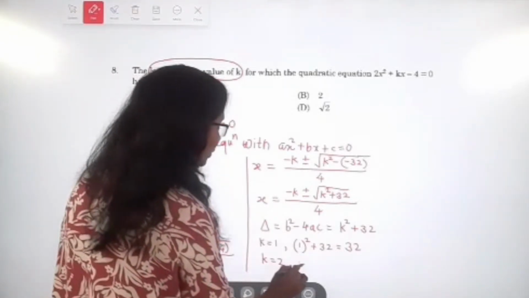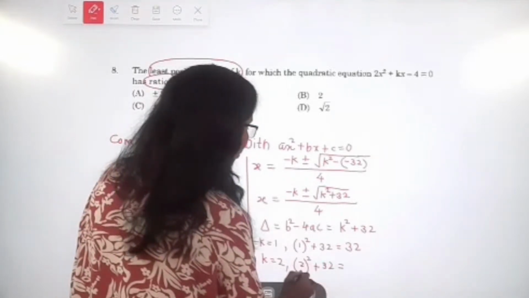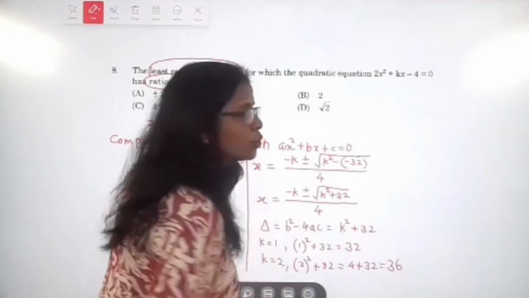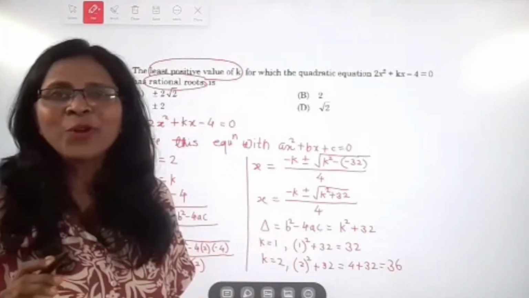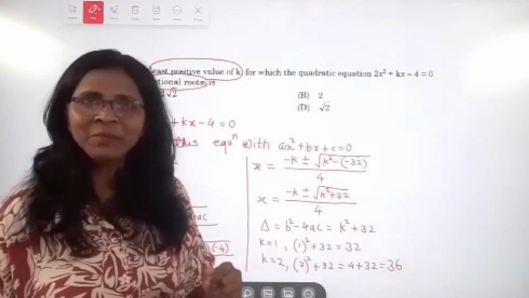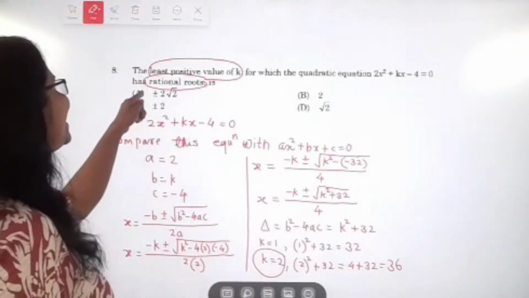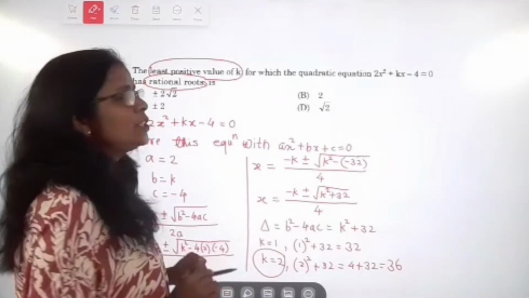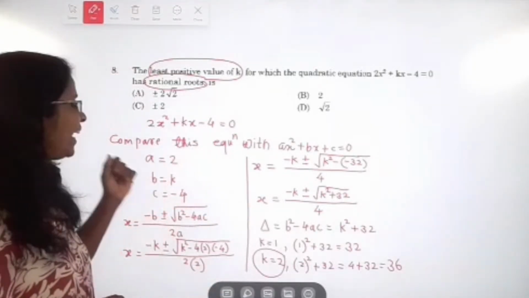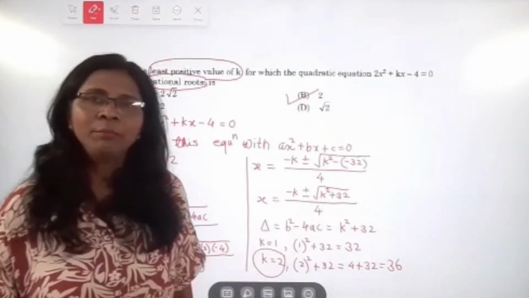If k is equal to 2, square of 2 plus 32 is 4 plus 32, that is 36. The square root of 36 is nothing but 6, so 2 is the least positive value of k. So the correct option is B, 2.